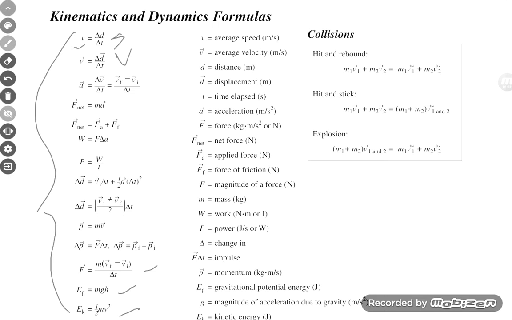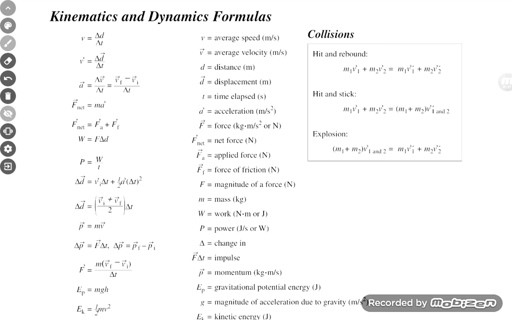Another thing that's cool about this is this list over on this side. On this side it shows you what each letter or symbol in the equation represents. So if you look over here straight across from V, it tells you what average speed is. It tells you what average velocity is. And then it tells you the letters that are in the equation, D, and D with an arrow over it is displacement.